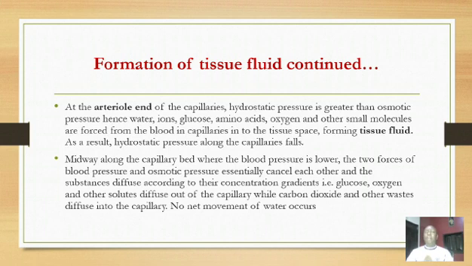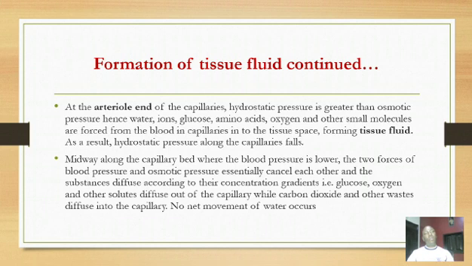Equally, remember in the tissue fluid, there is carbon dioxide and other wastes. Because in the middle of the capillary there is no effect of hydrostatic pressure, no effect of osmotic pressure, it is only diffusion. Carbon dioxide and other wastes, which are in a high concentration in the tissue fluid, equally diffuse from the tissue fluid across the capillary walls into the blood. Where? Within the capillaries.